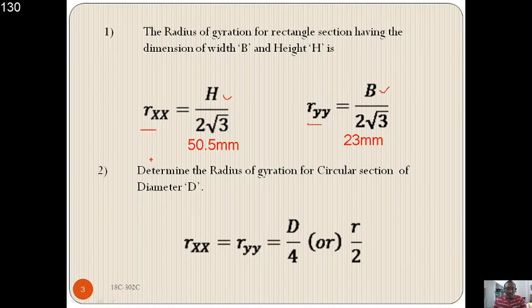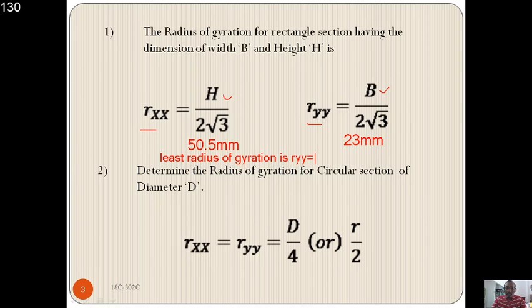Least or minimum, then the least radius of gyration is ryy.